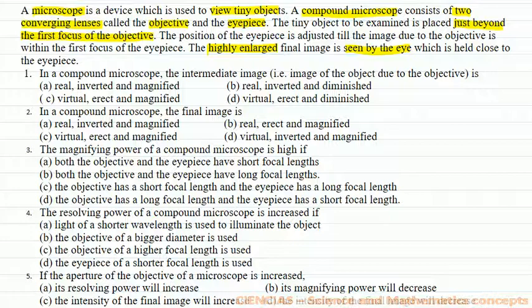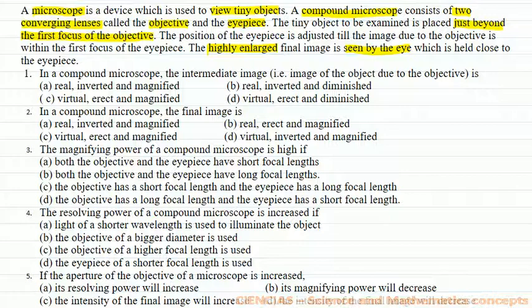So question one here is, in a compound microscope, the intermediate image, that is the image of the object due to objective, is: option A, real, inverted and magnified; option B, real, inverted and diminished; option C, virtual, erect and magnified; option D, virtual, erect and diminished. Now since the object is placed beyond the objective and the image is formed between objective lens and eyepiece, for the objective lens the image is real.